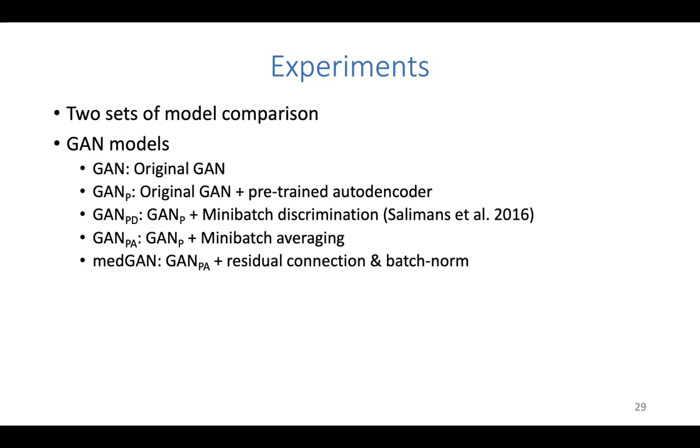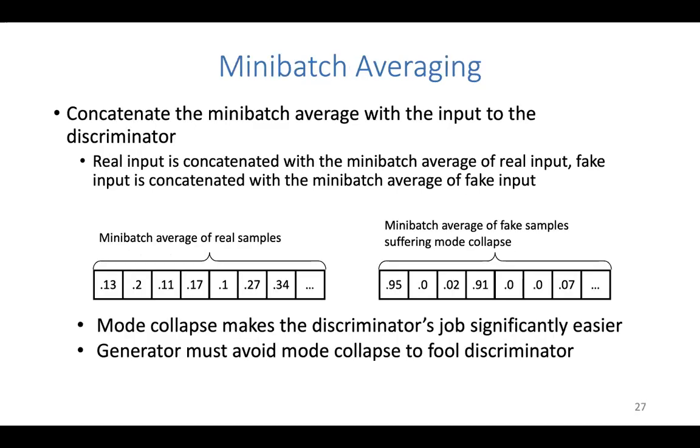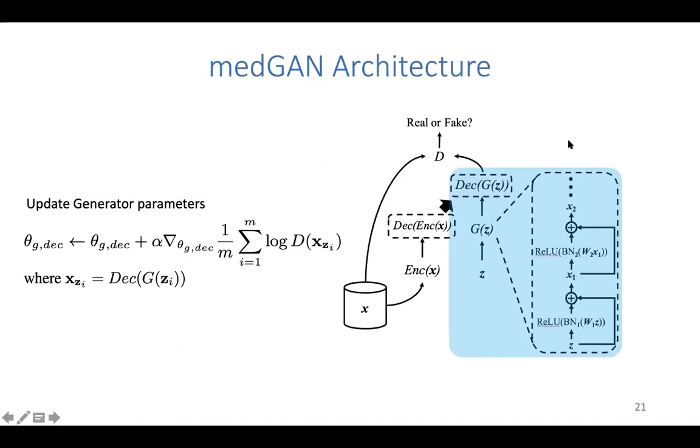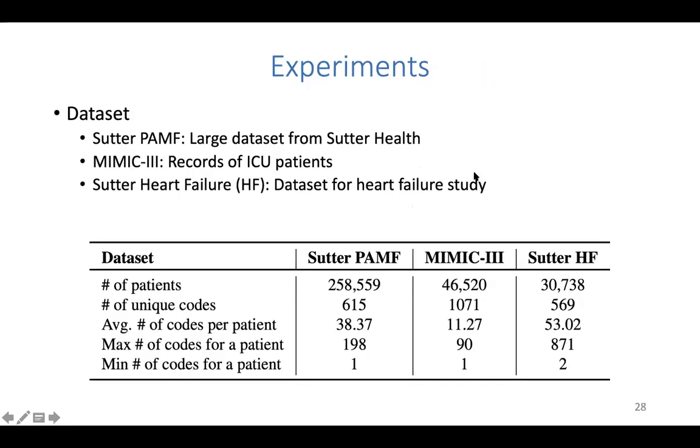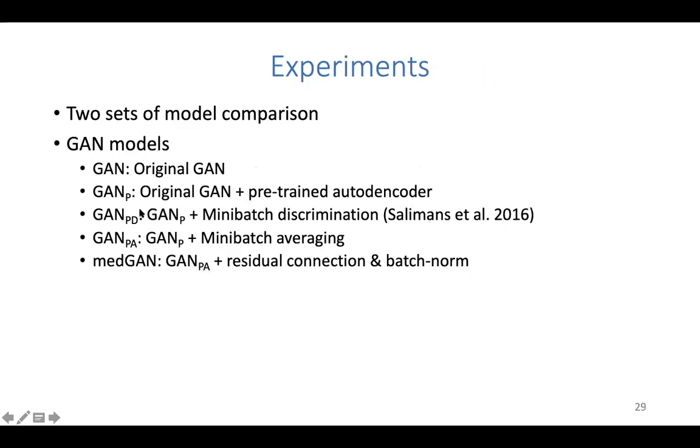So there's the original GAN, and then GAN P is the original GAN plugged in with the pre-trained autoencoder. So this is the original GAN with only this added to the generator. And GAN PD is GAN P plus mini-batch discrimination, which was a very early technique proposed by people from, I forgot, DeepMind or OpenAI, I'm not sure.